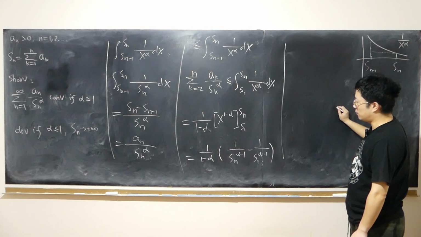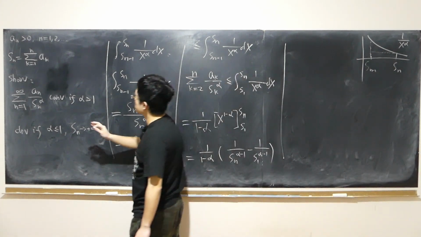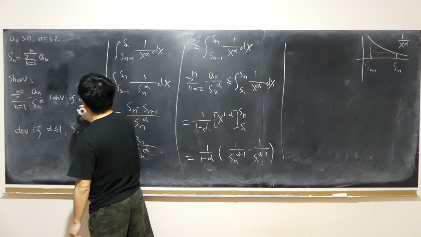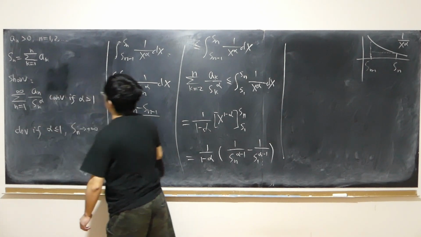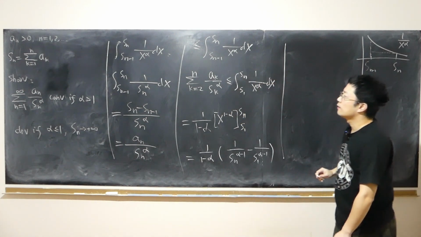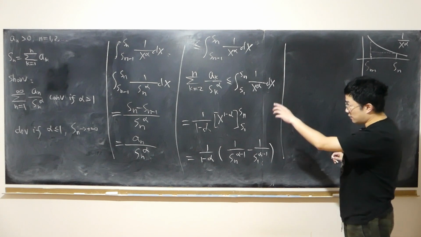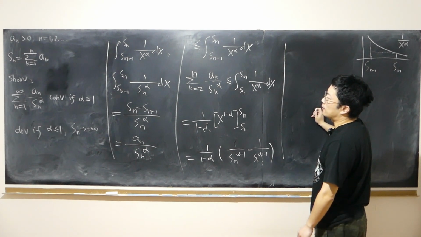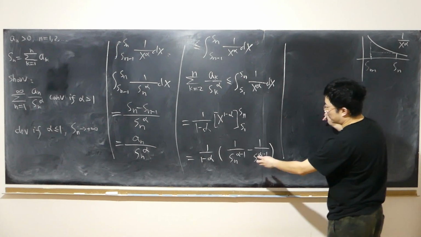So right now, we're not given whether Sn is convergent or not. If alpha is bigger than 1, we don't know it. Now, in the worst case scenario, suppose Sn is divergent. Because it's a positive series, it has to diverge to positive infinity.